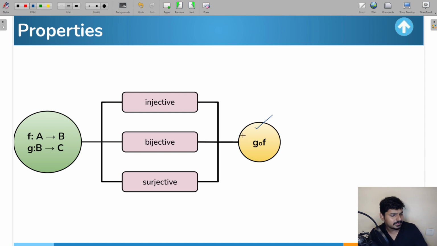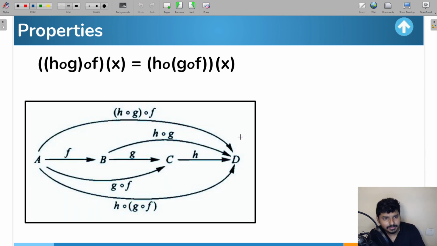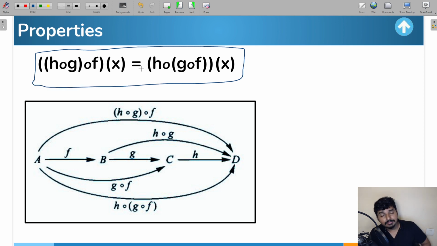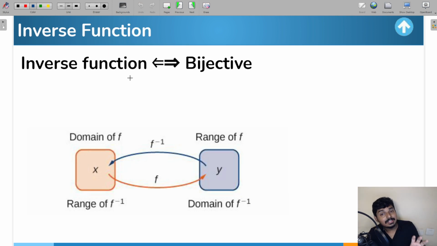Okay, so this property is going to be important for you. And then you also have this property, h circle g circle f of x or h circle g circle f of x, the result is basically going to be the same. But remember, f circle g and g circle f need not be the same. If you find f circle g, it is not going to be equivalent to g circle f, guys.